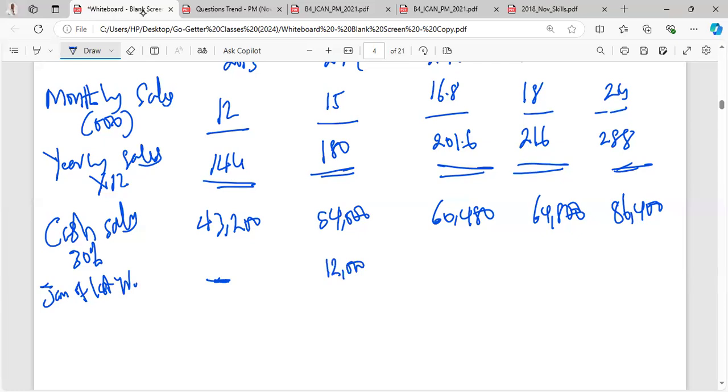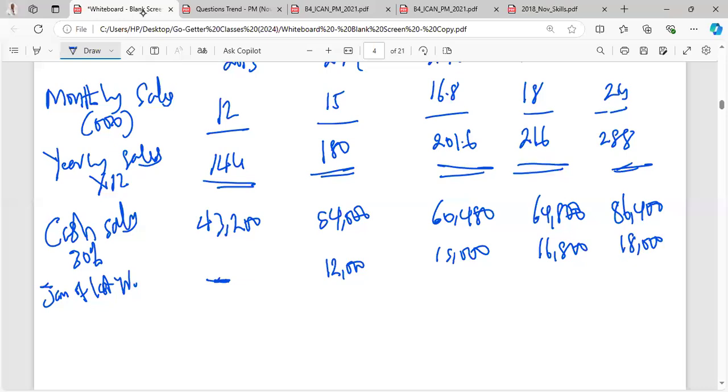So it means that if January sales from last year is collected this year, this is 1 month sales for last year. We are collecting 1 month sales for last year here. So this means that we can say that this is January sales, because January is 1 month now. This one will be 15. This one will be 16,800. This one will be 18,000.